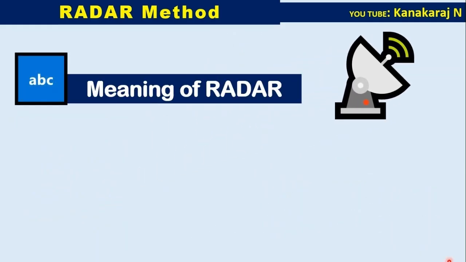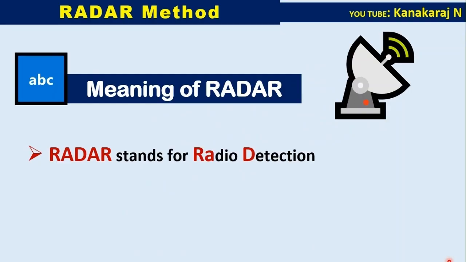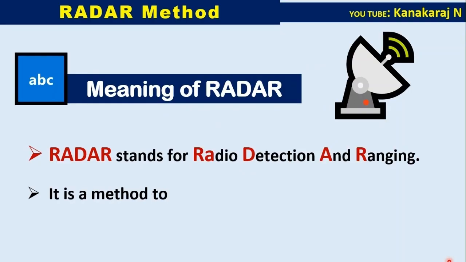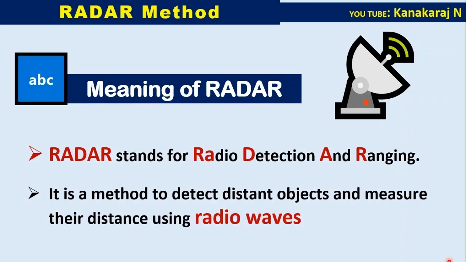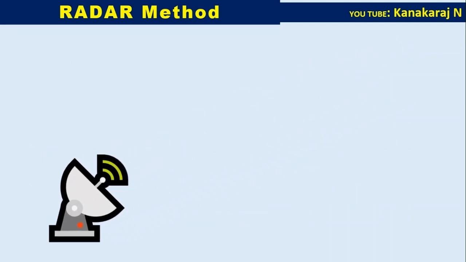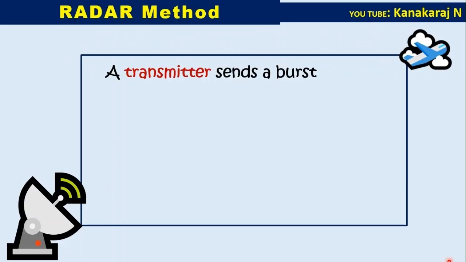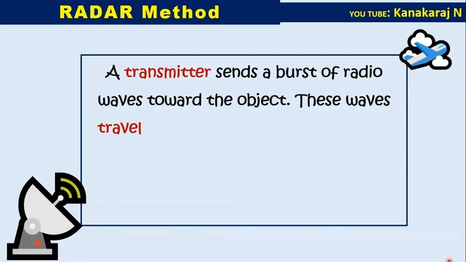Meaning of radar. Radar stands for radio detection and ranging. It is a method to detect distant objects and measure their distance using radio waves. A transmitter sends a burst of radio waves to the objects.